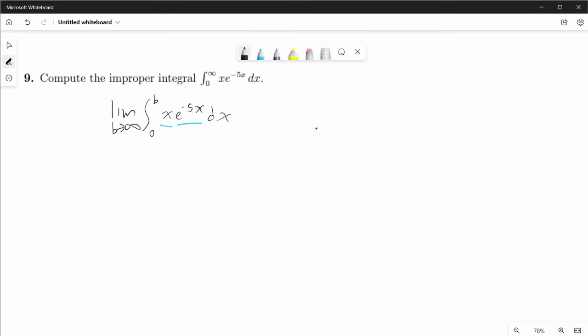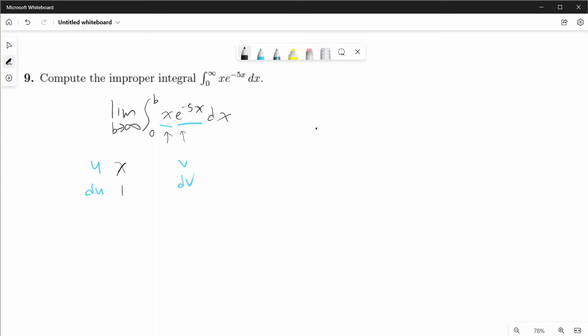So LIATE: algebraic comes before exponential. So for that, I will write u, du, v, dv. So I have x, the algebraic term, as u.